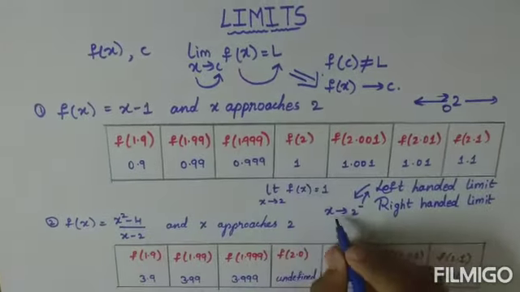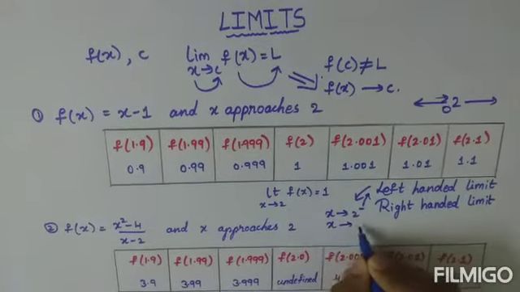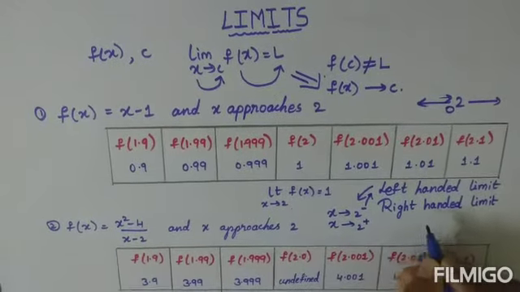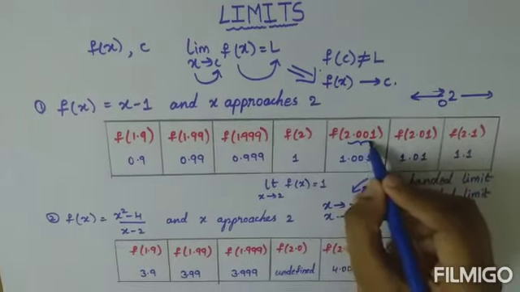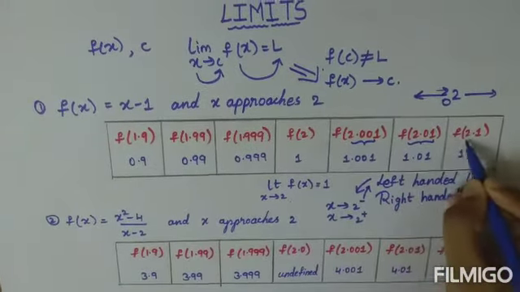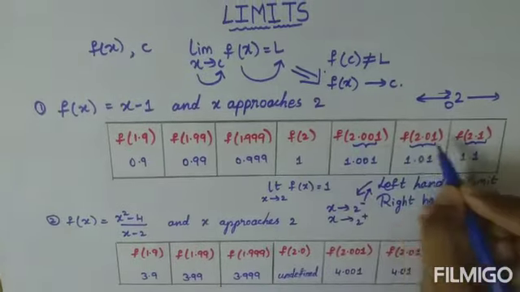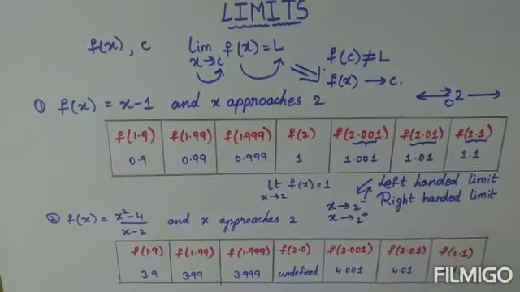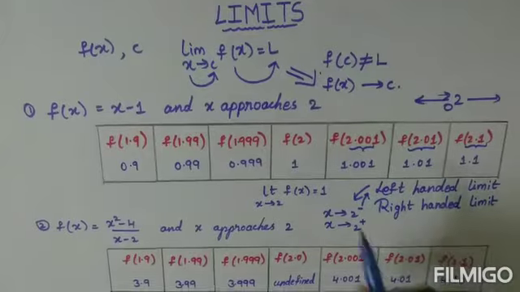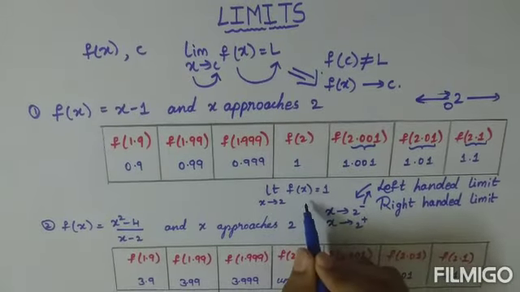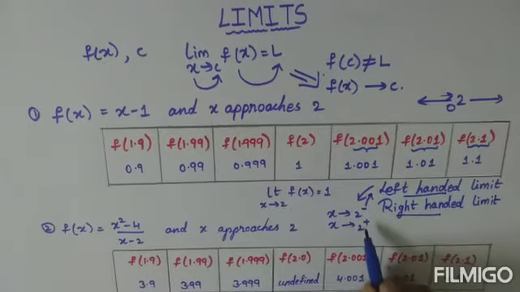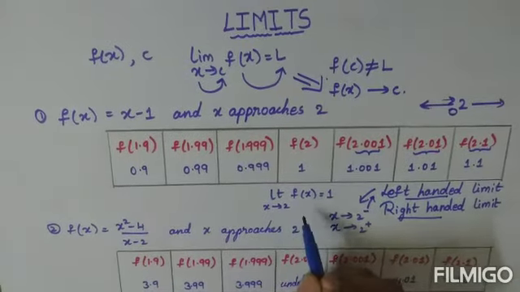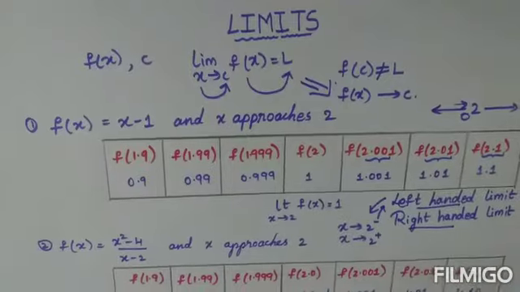The same, when we say x approaches 2 plus, that means we are approaching 2 from right hand side and the values must be very close to 2, like 2.001, 2.01 and 2.1. So, if the value is exactly the same from the left hand side and right hand side, we say that the limit of f of x as x tends to 2 exists.